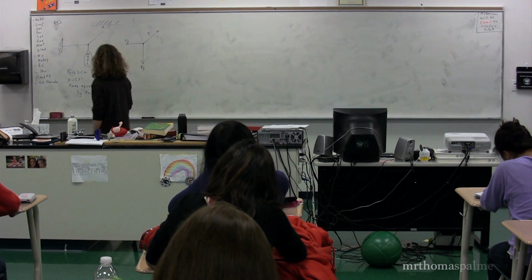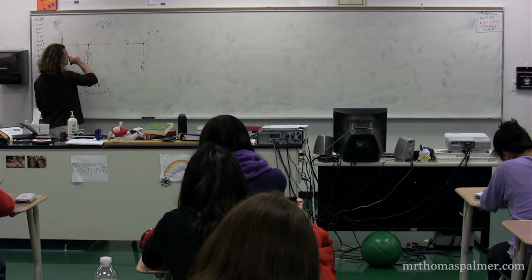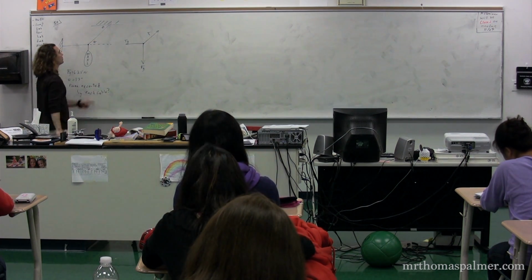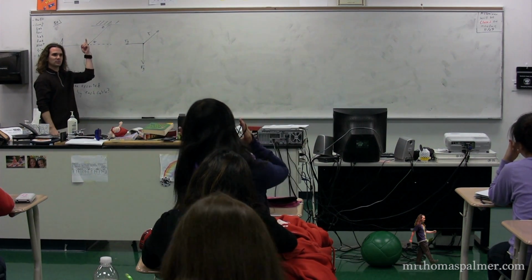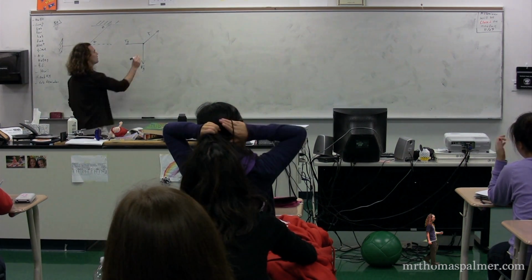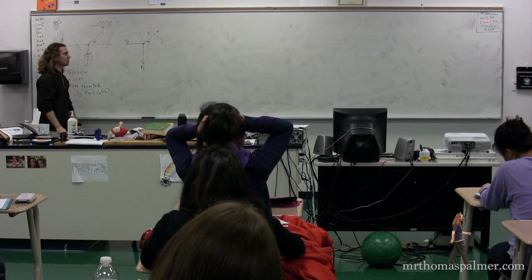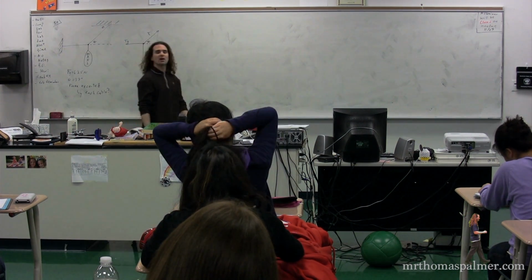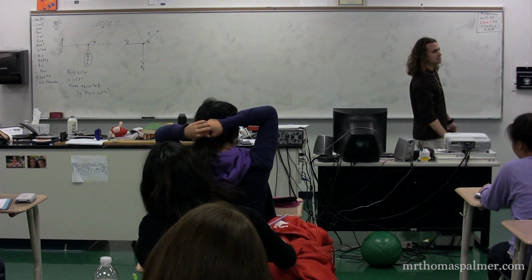If I draw a parallel line to the ceiling there, we can draw a theta. Note these two thetas are the same because of alternate interior angles. Is that true? Yes. Okay. Therefore, this theta right here is going to be our 37 degrees. We have drawn our free body diagram. Mario, what should we do next?